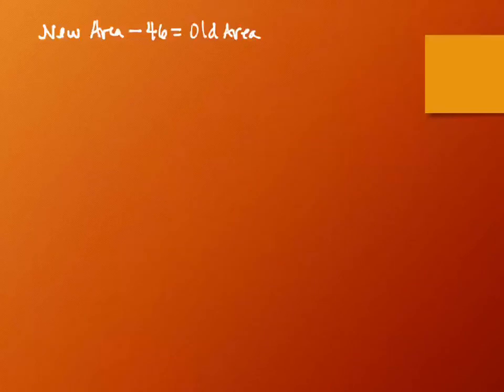Or if you prefer, you don't have to write down both of these, you could say that the new area is equal to the old area plus 46, if it makes more sense to you to think of it that way, because I've increased the size of my field, right? This new piece here is actually 46 square meters more than I previously had.